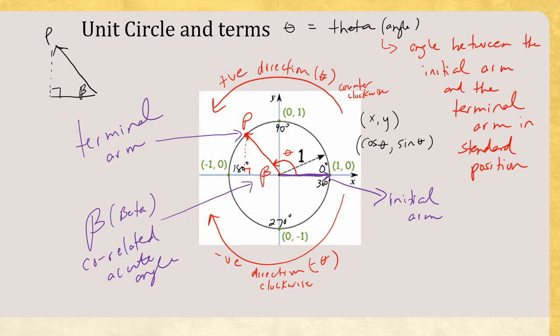So instead of calling it like A, B, and C, really any point P on the terminal arm can be written as a coordinate. Say negative 0.8 and negative 0.9, let's say. Well, those are just distances. Those are your y distance or your y coordinate, your x distance, your x coordinate, and then r for radius.